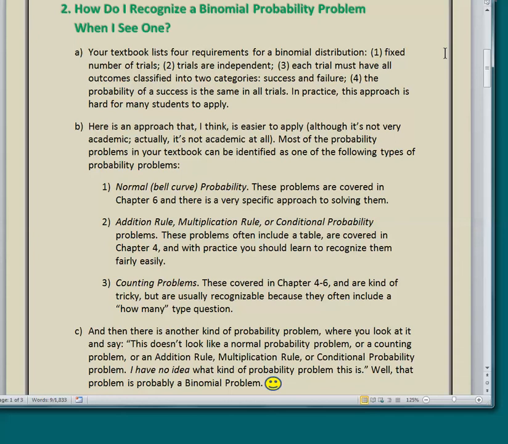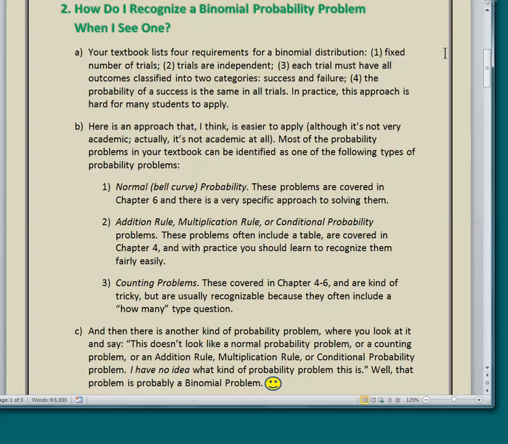So these 4 requirements are a fixed number of trials. The trials are independent. Each trial must have all outcomes classified into 2 categories, which are generally success and failure. And the probability of a success is the same in all trials.